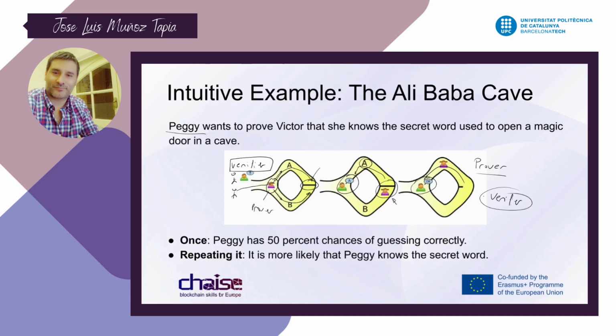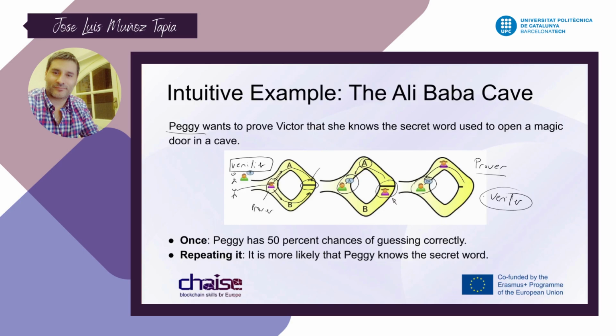But as a verifier, I tell the prover to come to me through A, and when I see her coming through A, is this enough to be convinced that she knows the secret word?